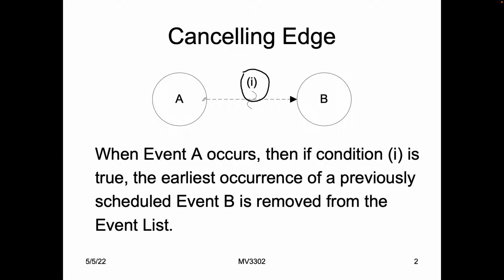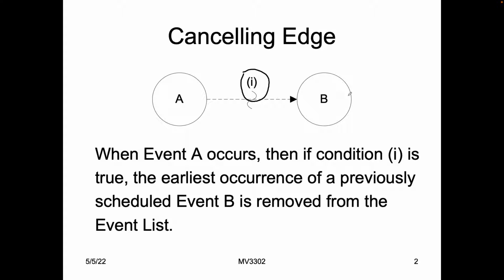When event A occurs, then there's a certain condition. And if that condition is true, then the earliest occurrence of a previously scheduled event, in this case we're just calling it B, is simply removed from the event list.